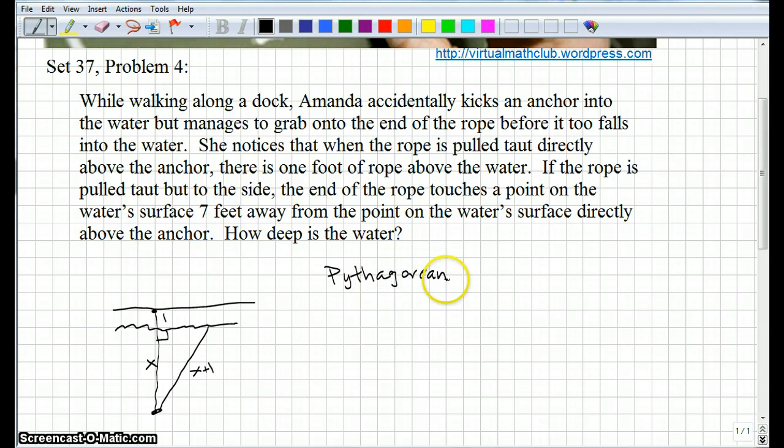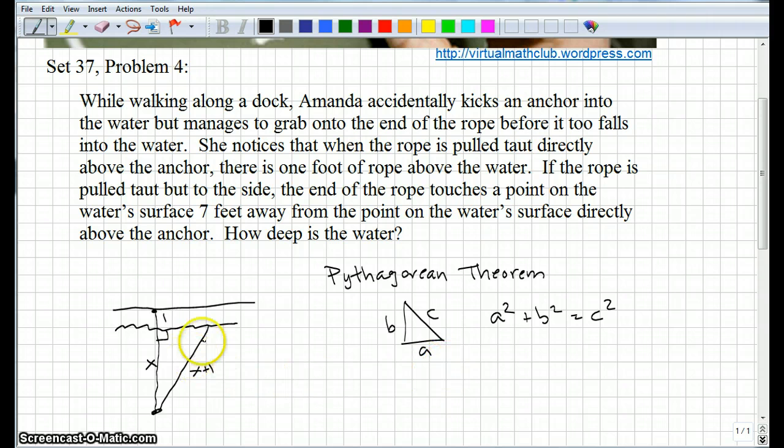What does that tell us? If we're given a right triangle where the legs are length a and b and the hypotenuse is c, then a squared plus b squared equals c squared.